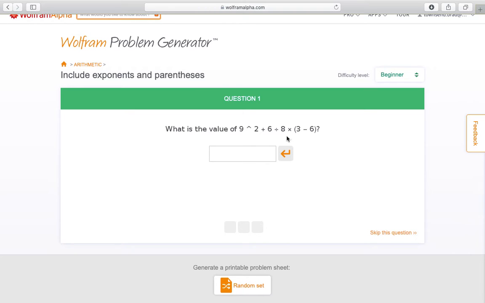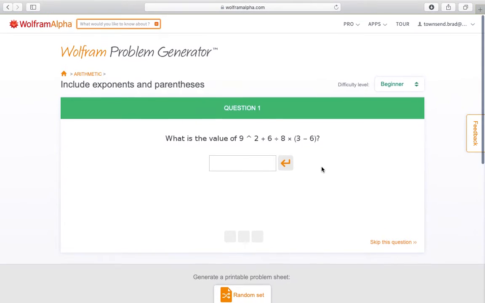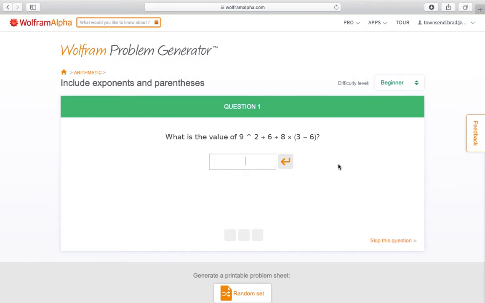We will go step by step, and then we'll see Wolfram's problem generator step-by-step solution. I'm not a perfect calculating machine, and I do make mistakes, but I wanted to try to follow the rules, and we'll see here.